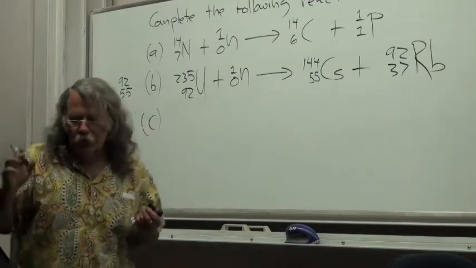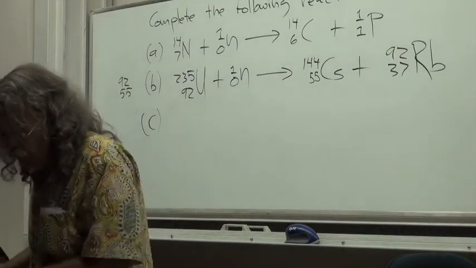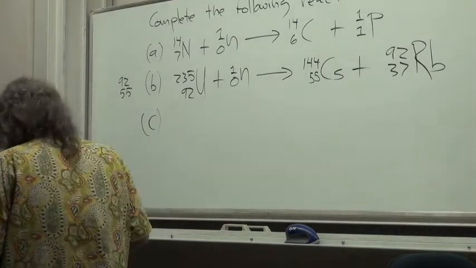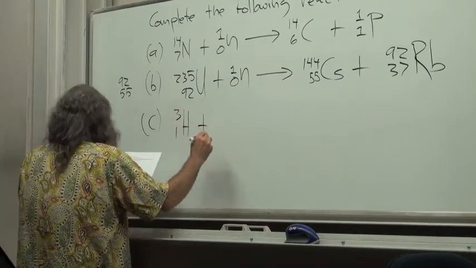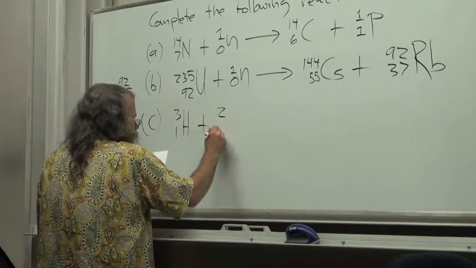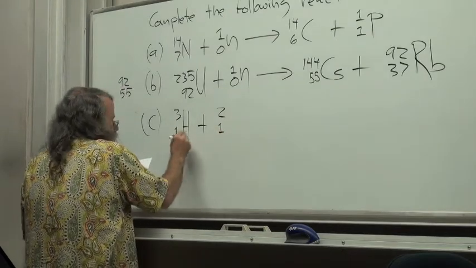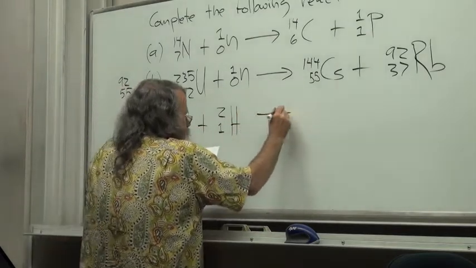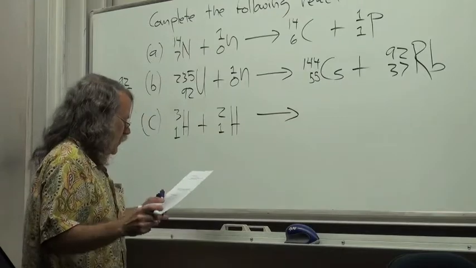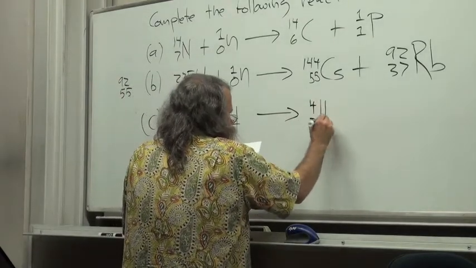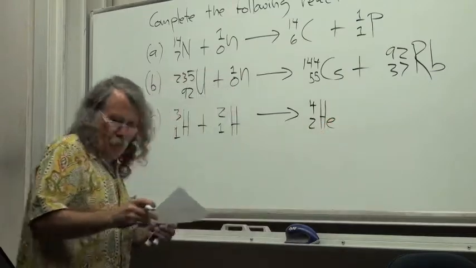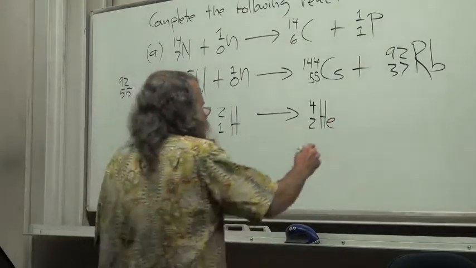Let's see, so number C is one of the fusion processes. I take a tritium plus a deuterium. I slam those together like is going on the sun even as we speak, and I get a helium plus what?